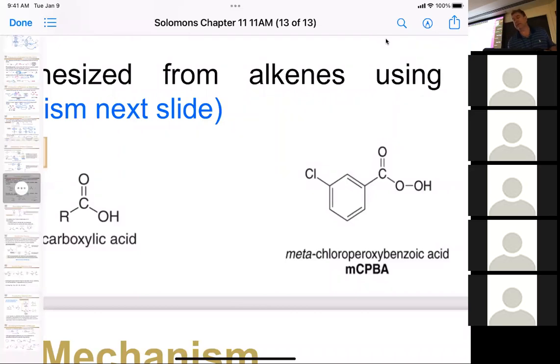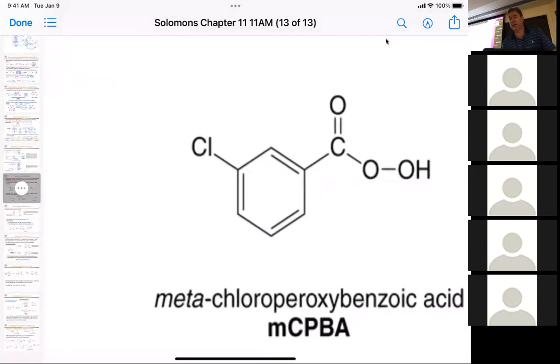And that creates a very interesting structure here because this oxygen's partially negative and this oxygen's partially positive. That means our alkene can reach out and start grabbing at that partially positive oxygen in the peracid.